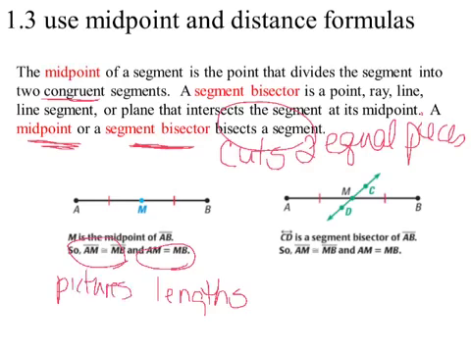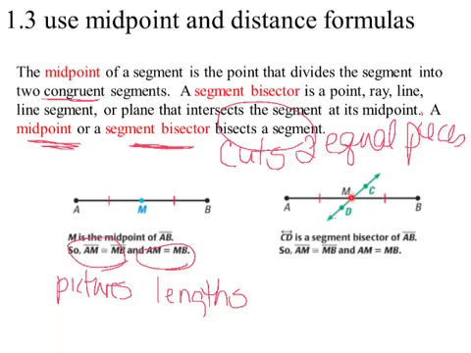All right, here we have CD as a line. Line CD is a segment bisector of segment AB. It's a segment because I have two endpoints. Line CD, because I have two arrows on the end, is a segment bisector of segment AB. So it's cut into two equal pieces, bisected.